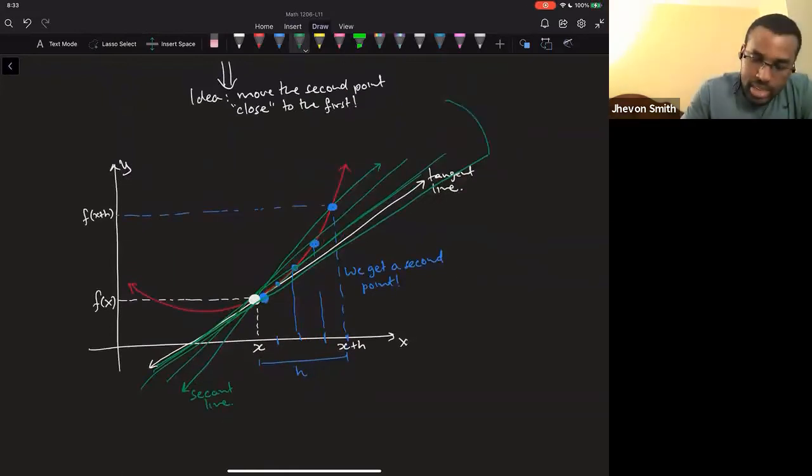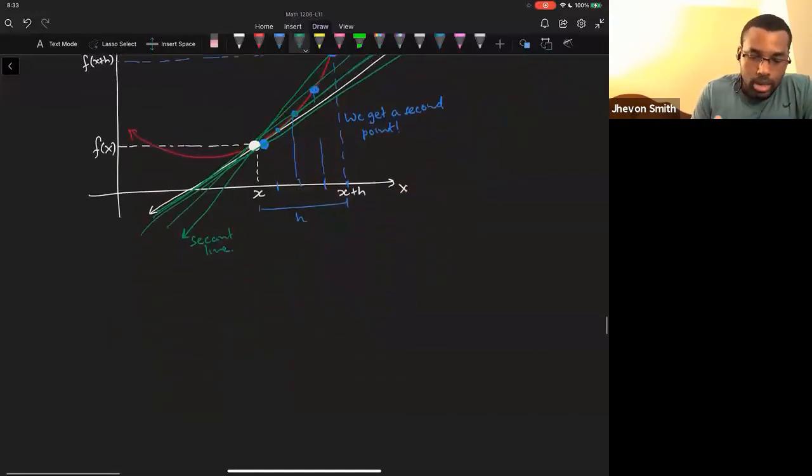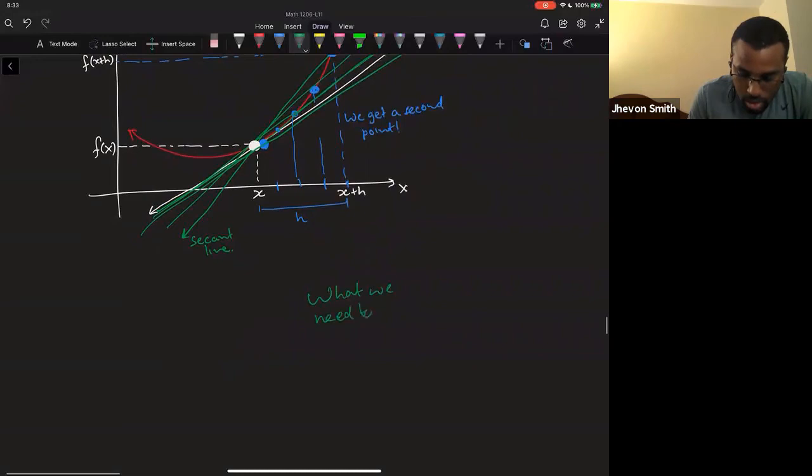What you'll notice is that the secant lines start becoming the tangent line. And what we need to do is close the gap.